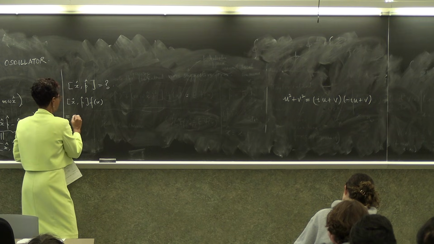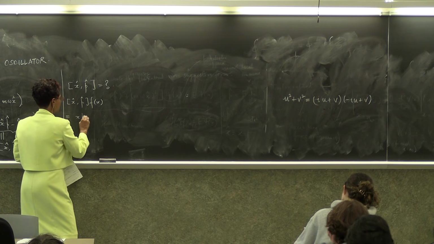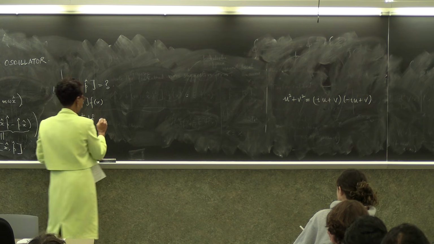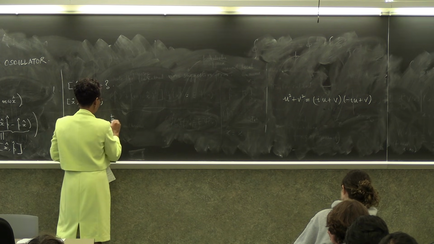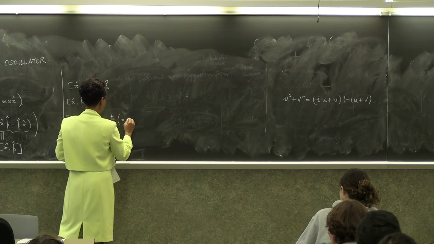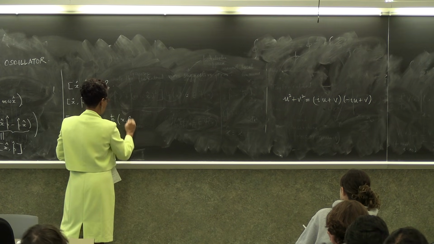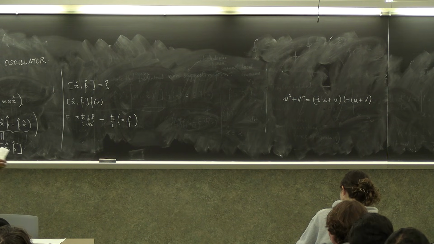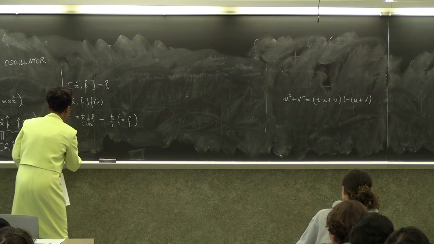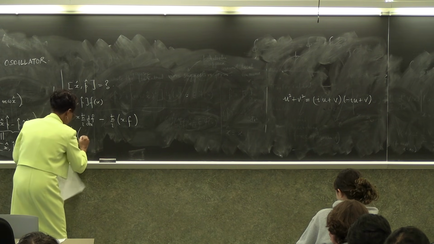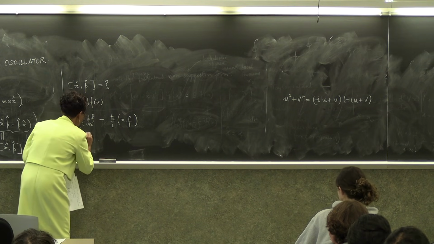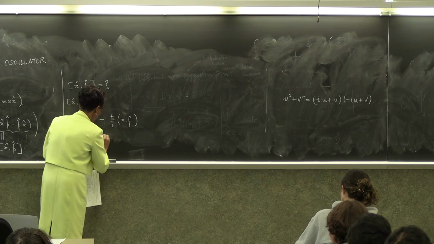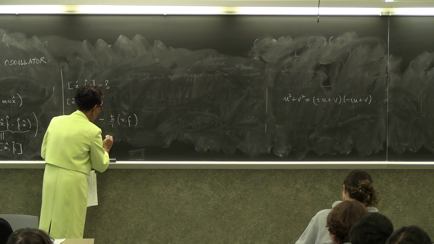So let's do that. This is x times h bar over i d dx of f minus h bar over i x times f. So that's h bar over i times x df dx minus, from here you're going to get two terms.